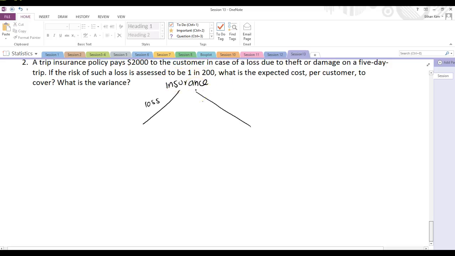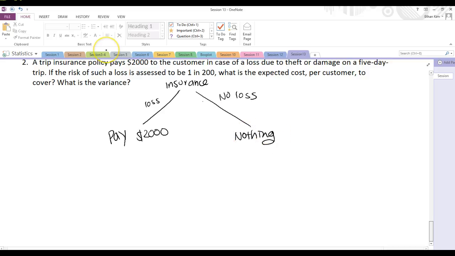If there is a loss, we pay 2,000 to a customer, right? And if there is no loss, then what? Then we don't do anything. So nothing happens.